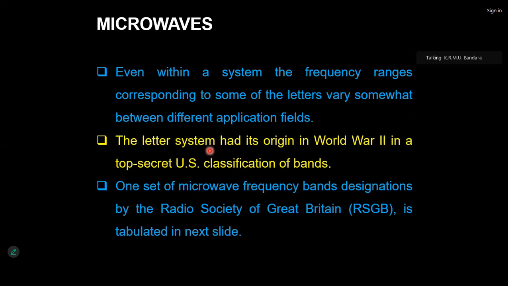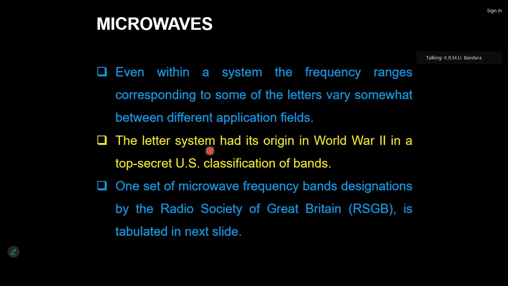Not only between different systems, even within a system, the frequency ranges corresponding to some letters are different between different application fields. Within a system, some frequency ranges intersect with other frequency ranges. For example, 1 millimeter to 10 millimeter is one band, and another band is 8 millimeter to 15 millimeter.